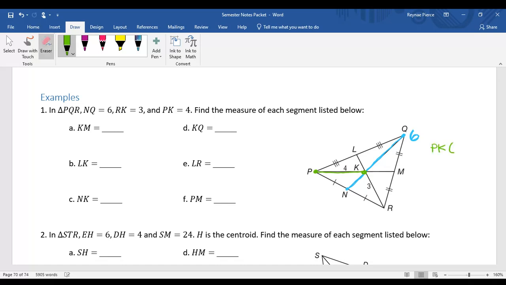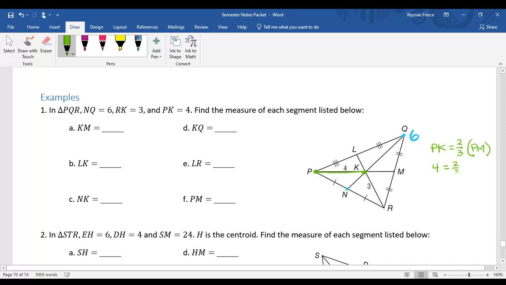PK is 2/3 of that total distance from P to M. So from P to K, that is 2/3 of the entire distance from P to M. So since PK is 4, we're going to multiply 4 by 3/2, which means that all the way from P to M is going to be 6.